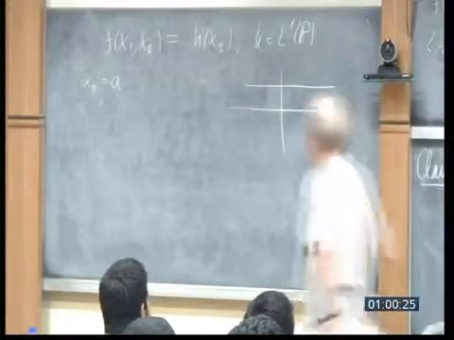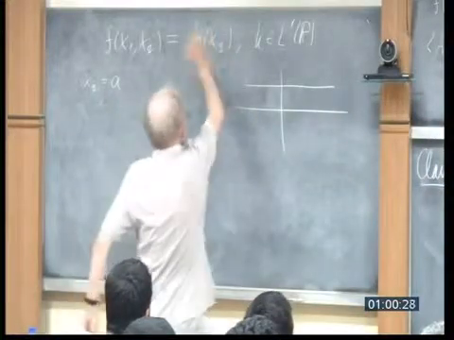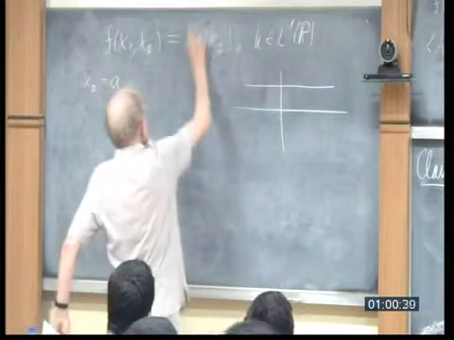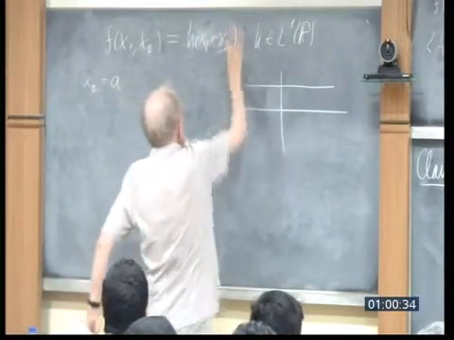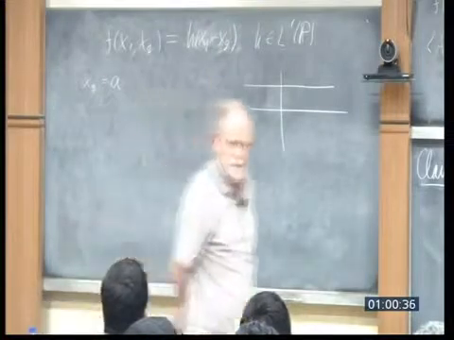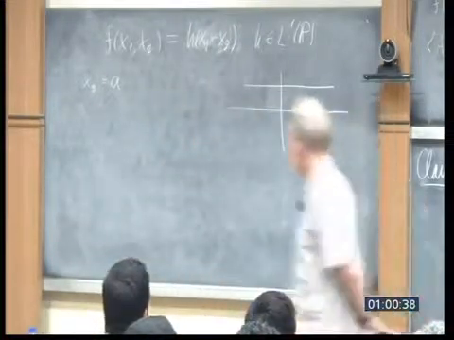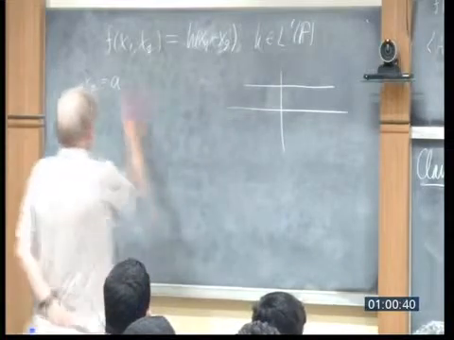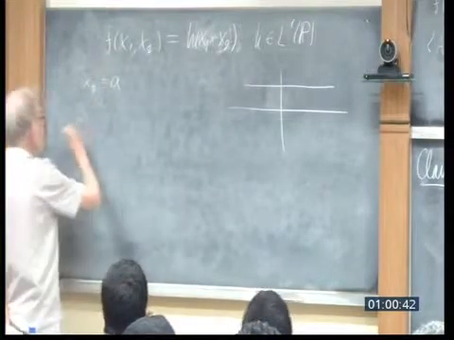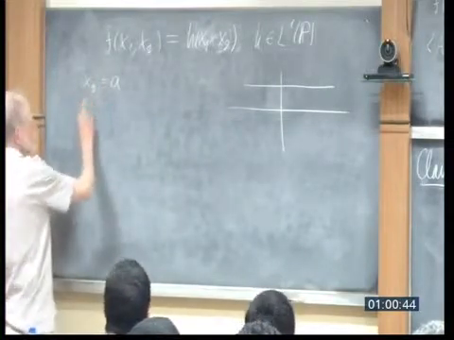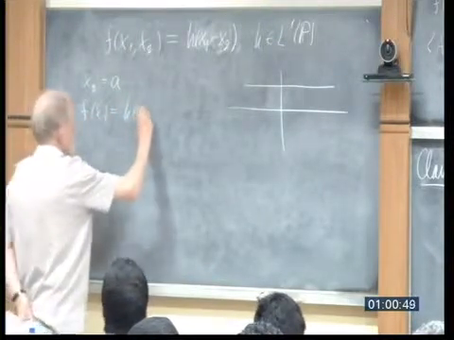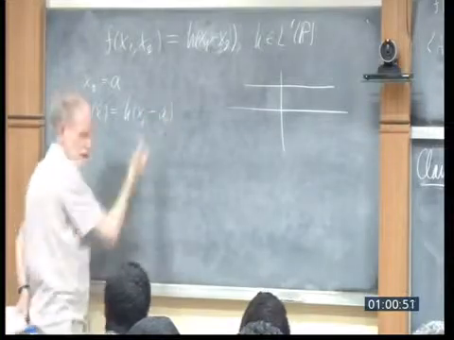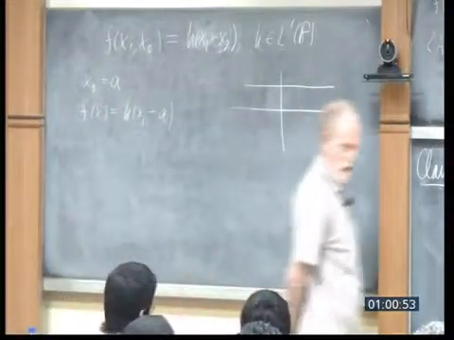On the other hand, if our function is like that, it works fine. Because then the restriction will be f(x) equal to h(x1 minus k), a translation of the L1 function.